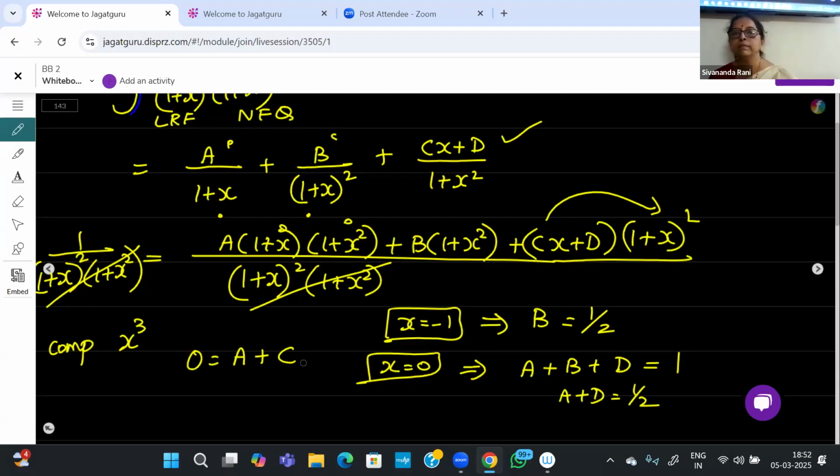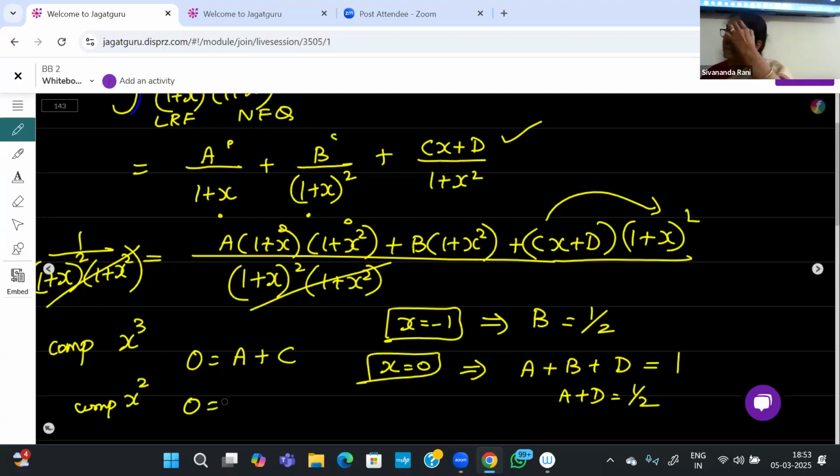Then how about x square term? Shall we compare x square terms?